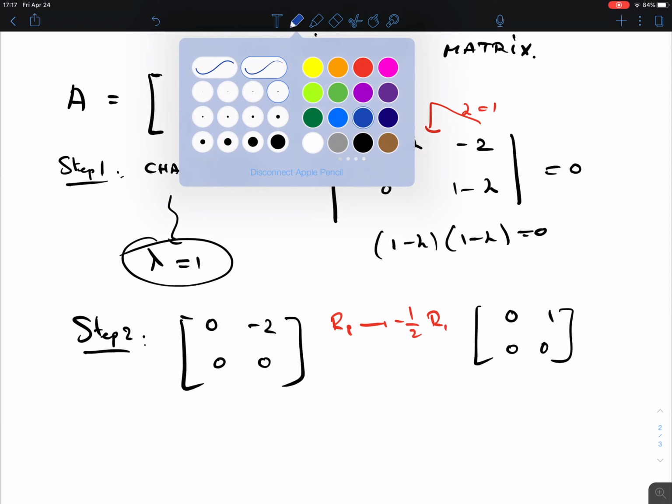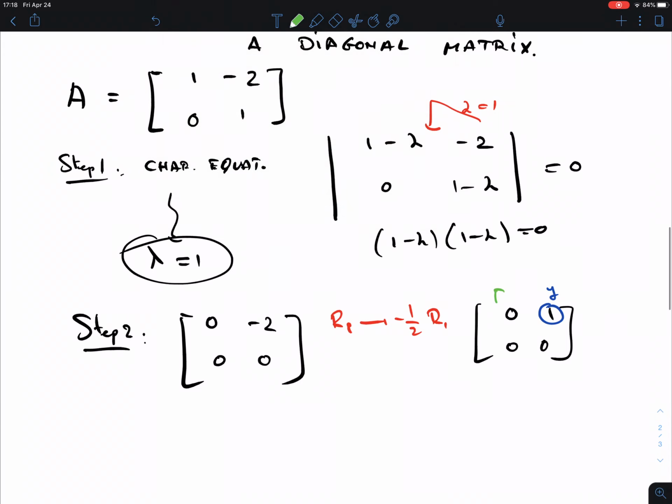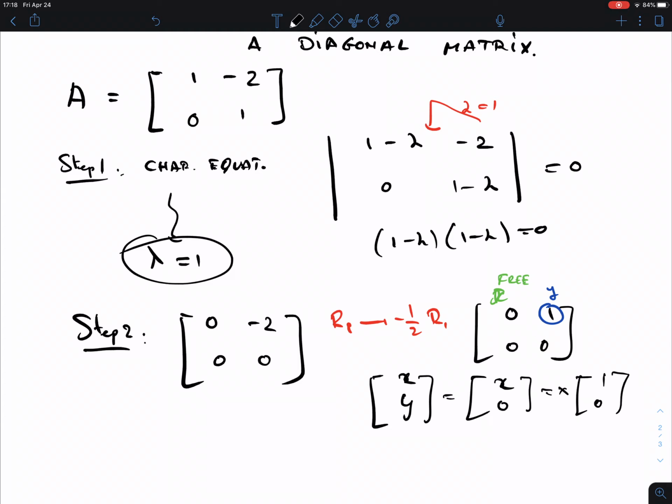This time our pivot variable is y, and the other one, x, is free. So if we write x and y in terms of the free variable, x is just itself, and y: 0 times x plus 1 times y is 0, so y is 0. So we have a basis vector (1, 0).